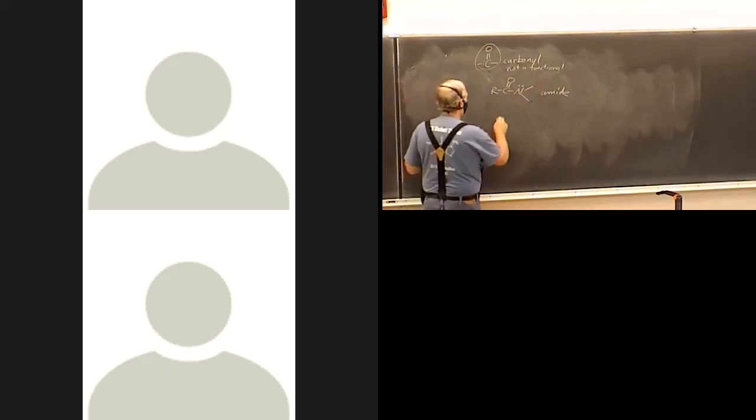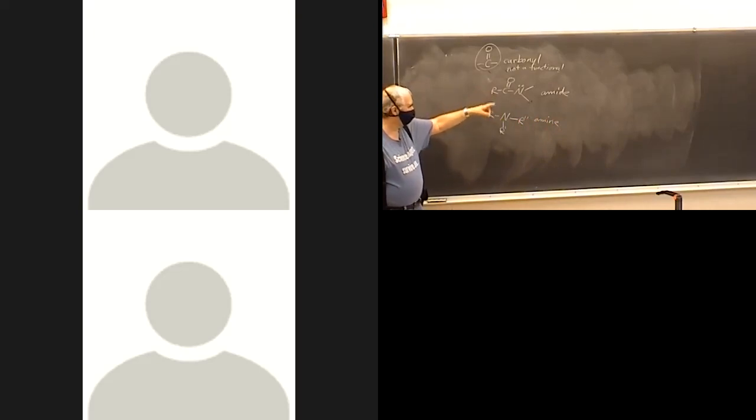Next, this is a place where we can transition to functional groups that contain nitrogen. This is the first one. The second one is an amine. The amide has the carbonyl group right next to the nitrogen.